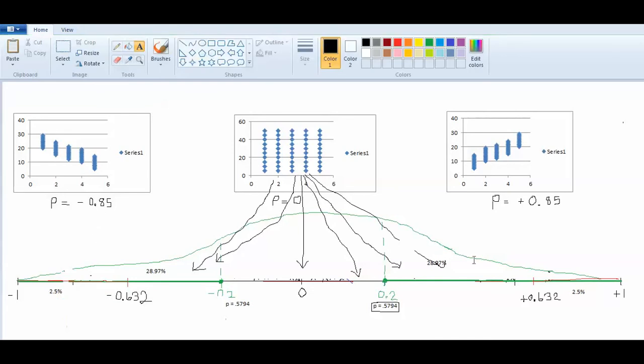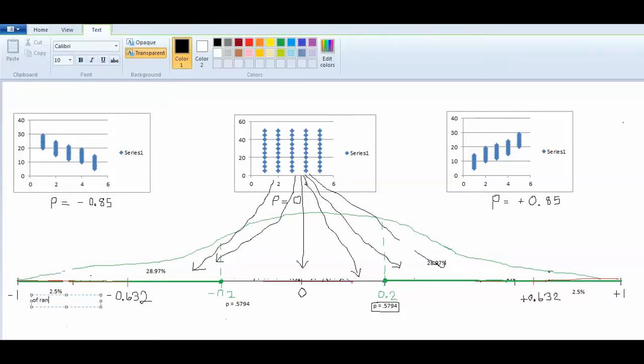So 2.5% of random samples of 10 people from a population with no correlation will end up in this area.